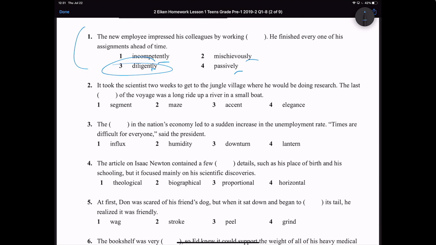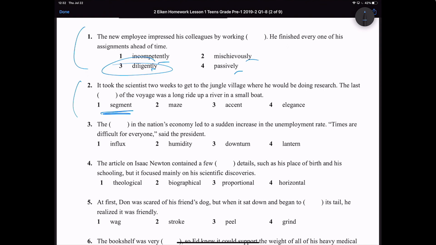It took the scientist 2 weeks to get to the jungle where he would be doing research. The last blank of the voyage was a long ride up a river in a small boat. Okay, now I'm not crazy about this choice of words, but the only one that works is segment.